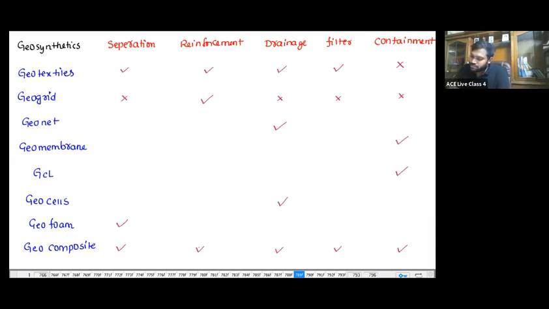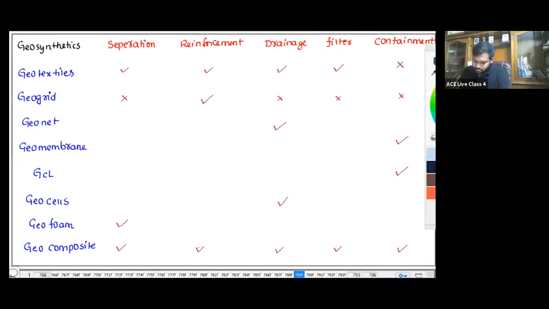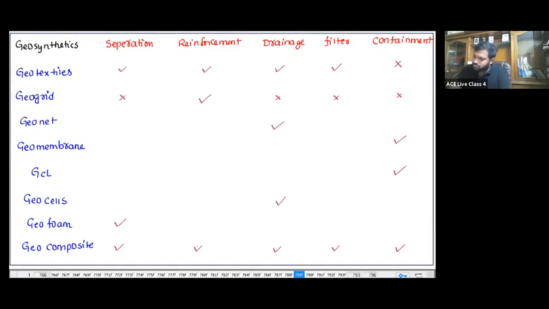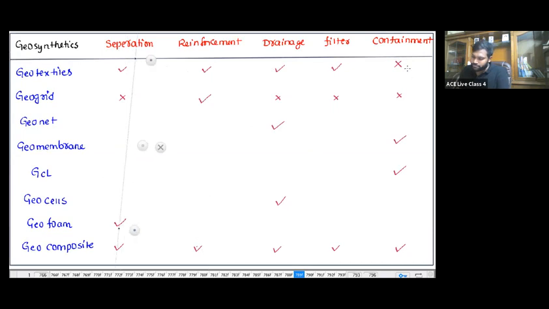So this is how it works. This one table gives everything.